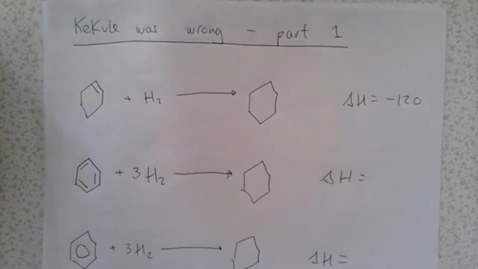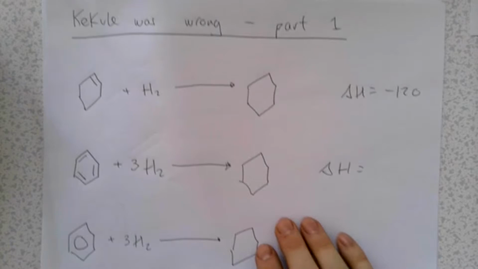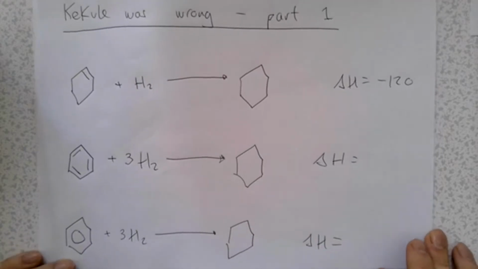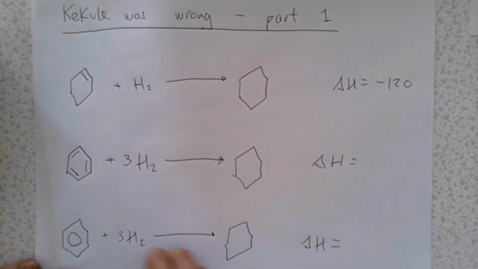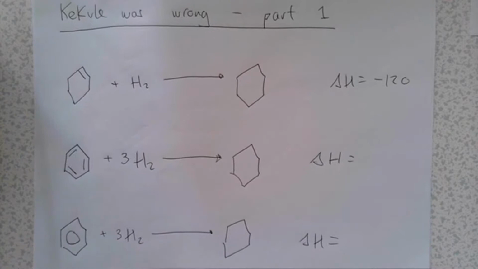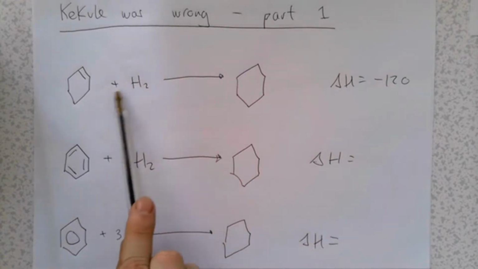But then certain evidence started to come to light, which suggested that actually Kekule's model is not the correct model. And one of those bits of evidence is the enthalpy of hydrogenation of benzene. So what is the enthalpy change when you add hydrogen to benzene? Loads of people had already done this first one in the lab loads of times.